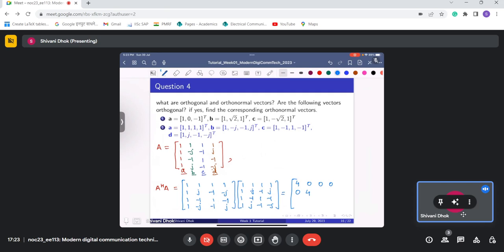Then what we have here is 1 minus j minus 1 plus j, so this is 0. And the fourth column is 1 minus 1 minus 1 plus 1, so that also reduces to, sorry, this is plus j, yeah, this reduces to 0.